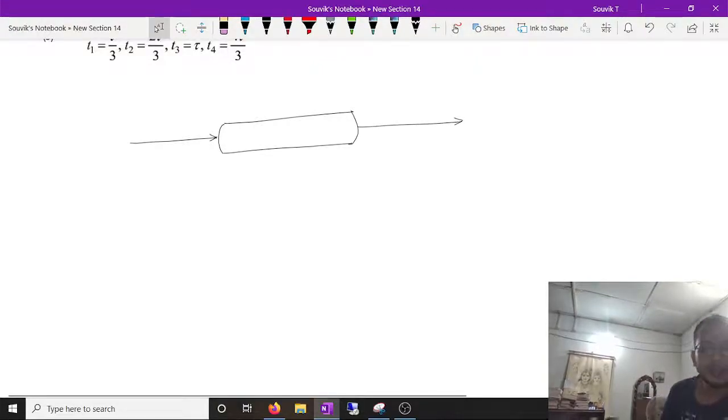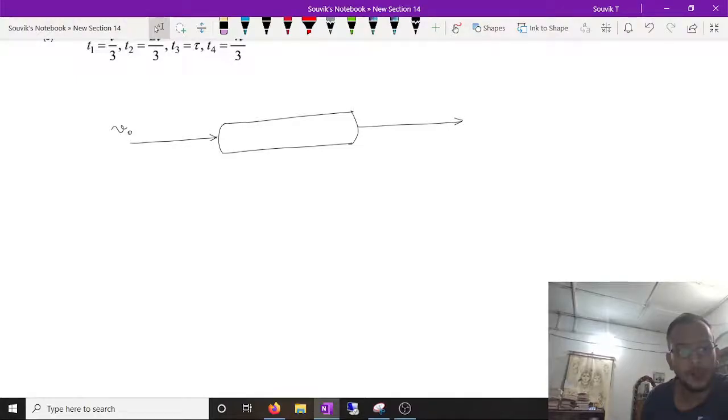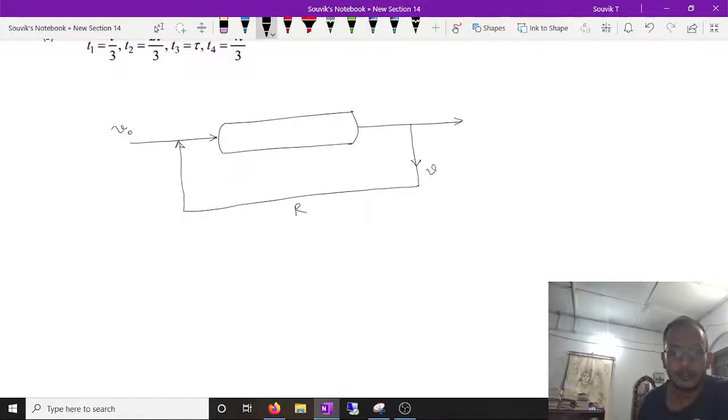In this plug flow reactor, the feed comes in at a volumetric flow rate of V0, and there is a recycle stream. Here the recycle ratio is set as R for this stream, and the recycle flow rate is V0 R.